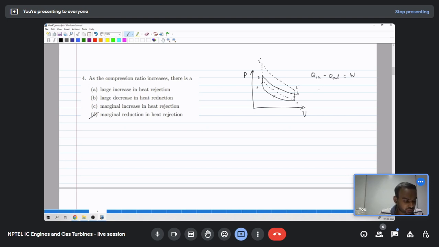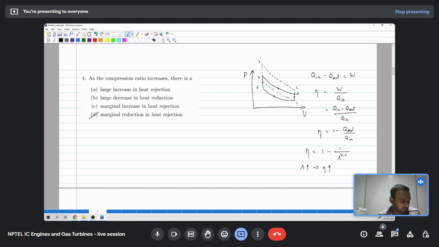Work. And for efficiency, you have work divided by Q in. So that is Q in minus Q out by Q in. It is 1 minus Q out by Q in. And efficiency with compression ratio goes like 1 minus 1 by R power gamma minus 1. So this means when R increases, efficiency also increases, right?